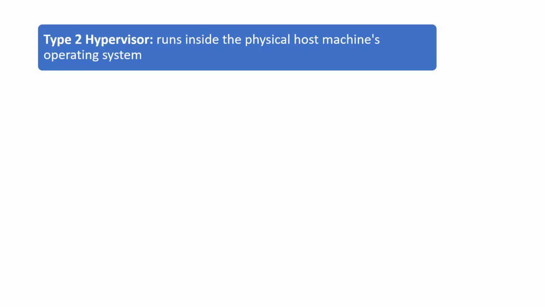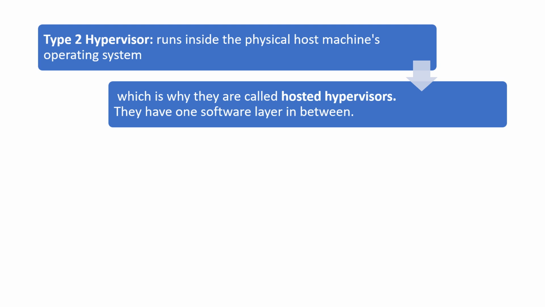And coming to type 2, this runs inside the physical host machine's operating system, so they are known as hosted hypervisors. They have one software layer in between.